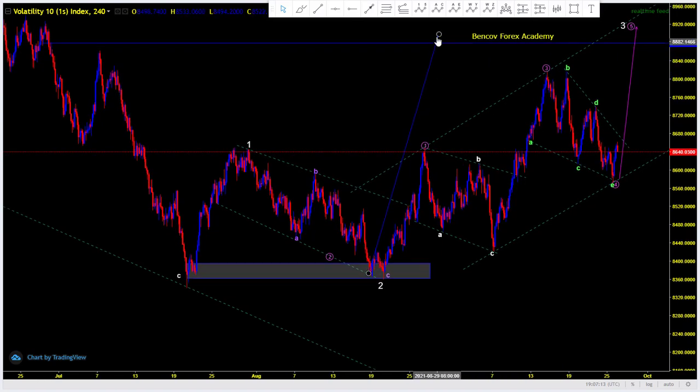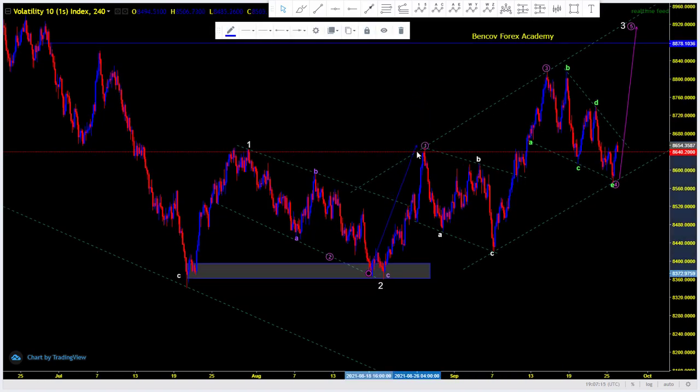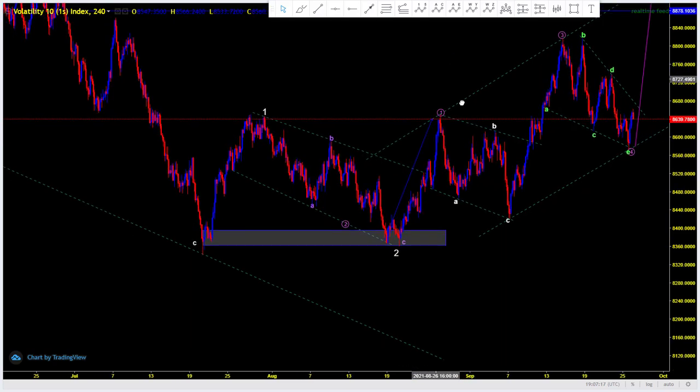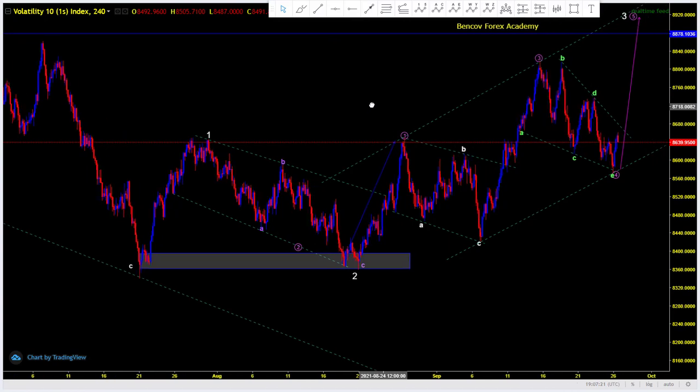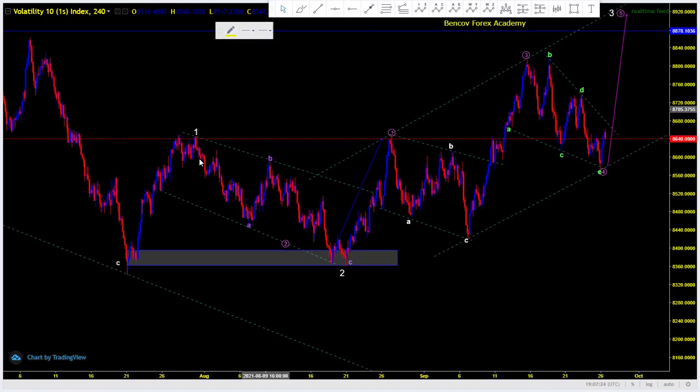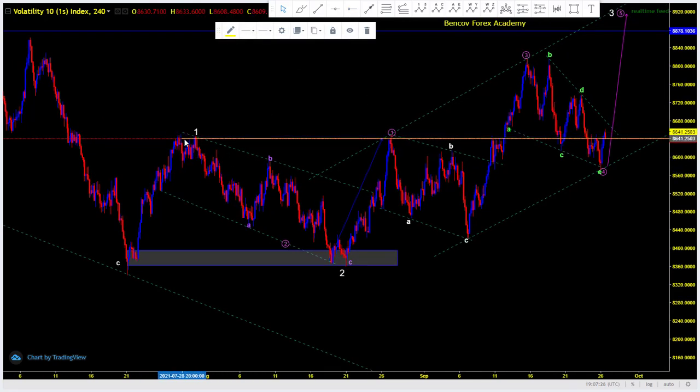But what happened? Let's just take inventory of what happened on V10S since that time. What we can see here is V10S indeed respected the order blocks.